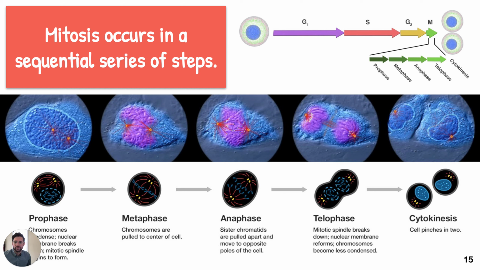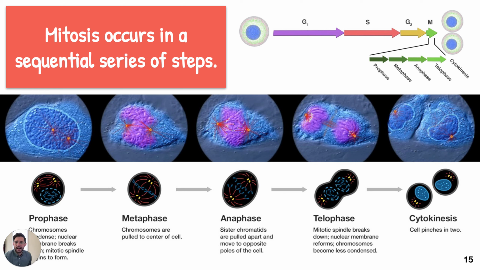Those two molecules of DNA are attached to each other, and they're not going to drift apart. They're attached via a structure called a centromere. I'll show you an image in a few slides that shows the point where these two chromosomes are attached to each other.